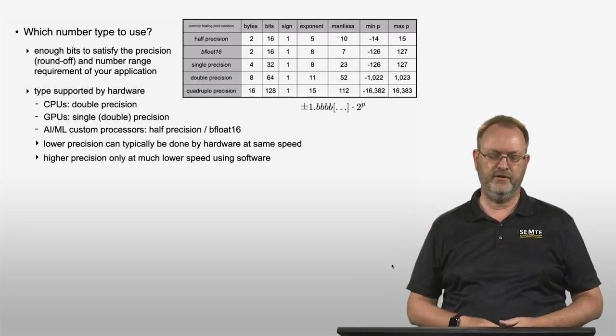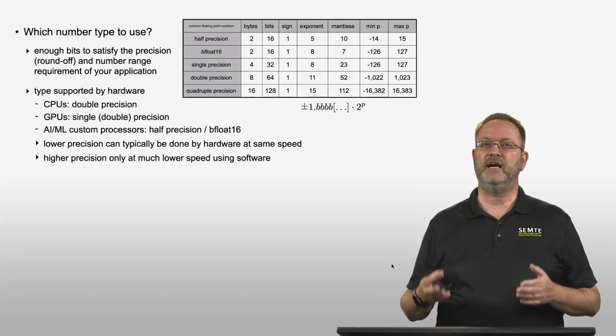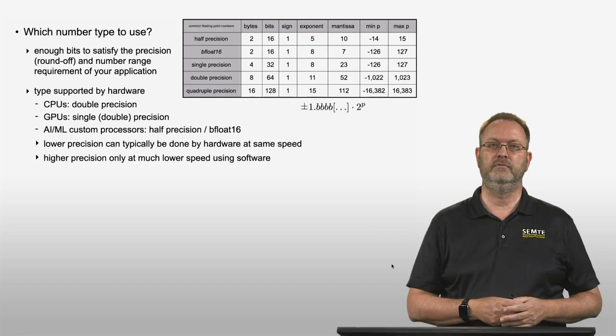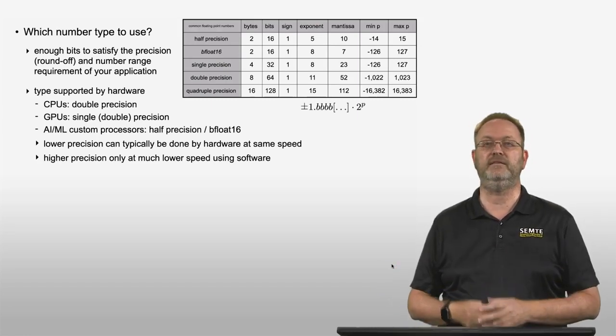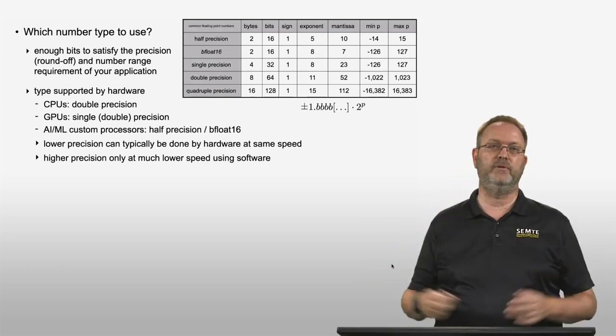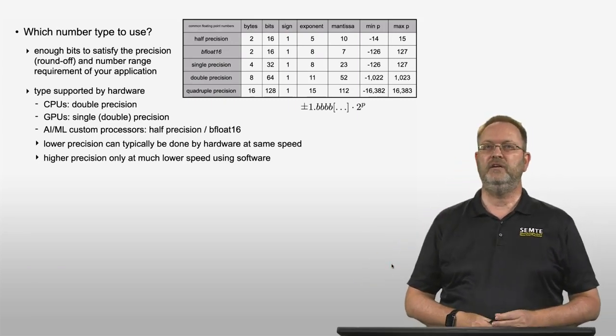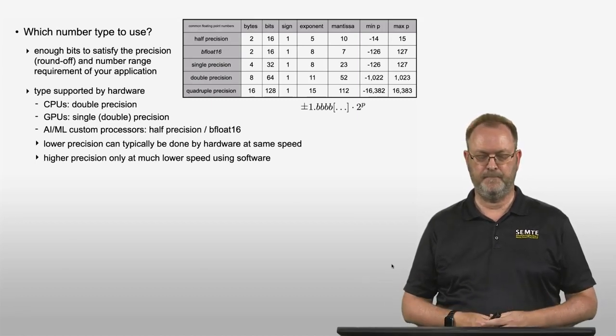Now, there's one other thing you should bear in mind: you can typically always run at lower precision on the hardware that supports higher precision at the same speed. So if you have a CPU that can do double precision, you typically don't lose any speed if you use single precision or half precision.